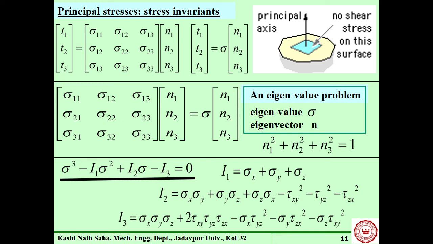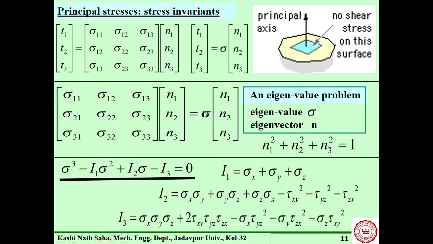Now this is our matrix, sigma matrix. This indicates sigma. Now say for a particular case where this is a principal stress, this is a particular value which is a principal stress.